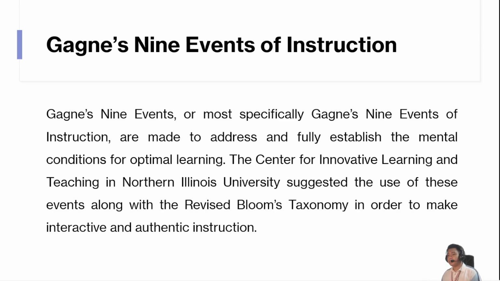Also stated here, Gagne's 9 events are made to address and fully establish the mental conditions for optimal learning, meaning getting the most out of the time we are given in the classroom.